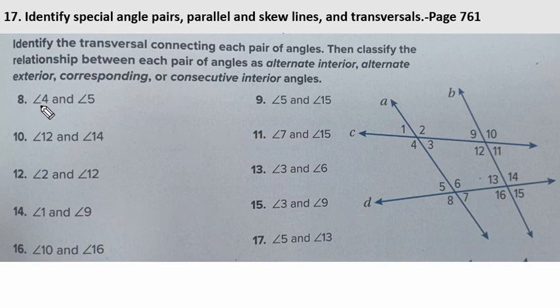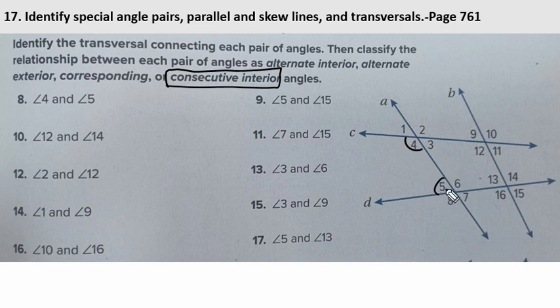Question number 8. Angle 4 and angle 5. What is the relation between these two angles? If you look from this side, and if you say A is a transversal line, then they are consecutive interior angles. Why?